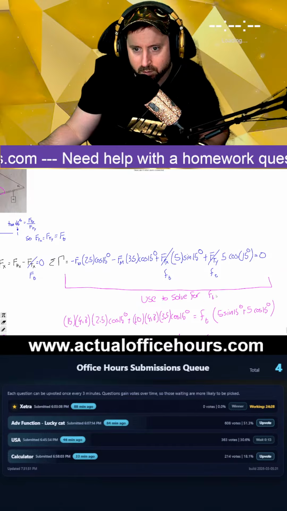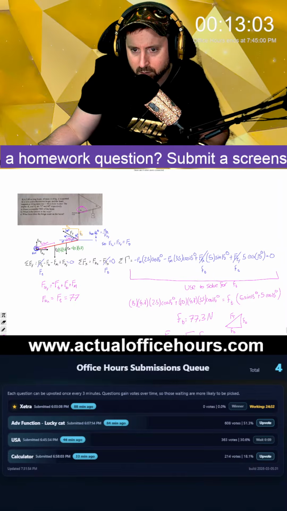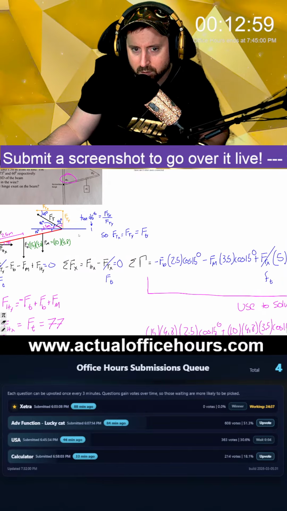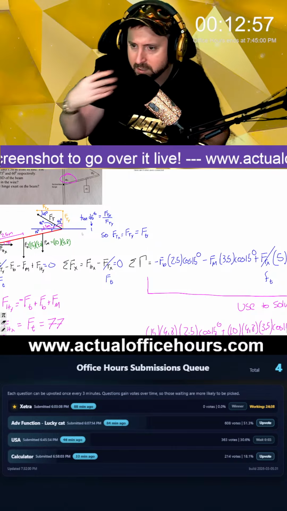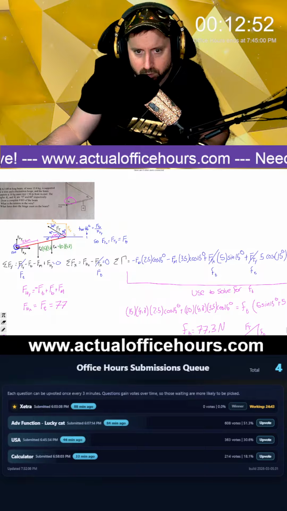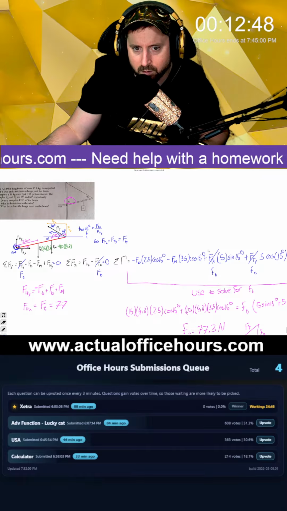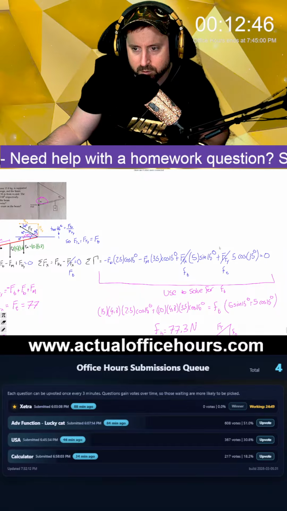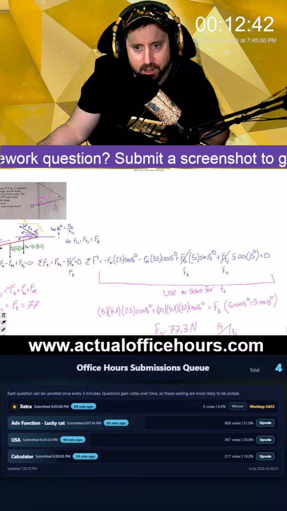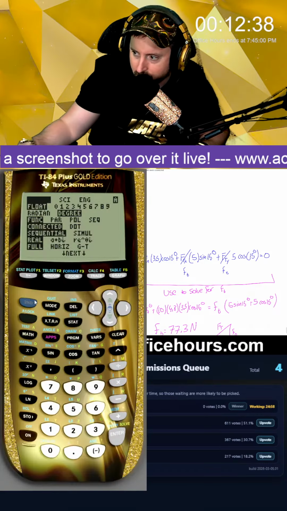And then FTY should be 5 sine of 15 degrees. And then that should be 5 cosine of 15 degrees. Let's check. The calculator's in degree mode. For sure.